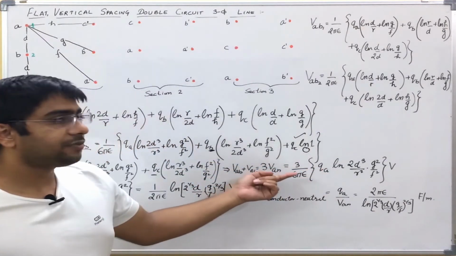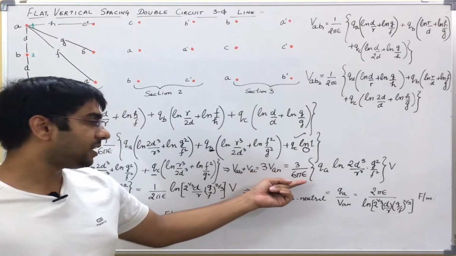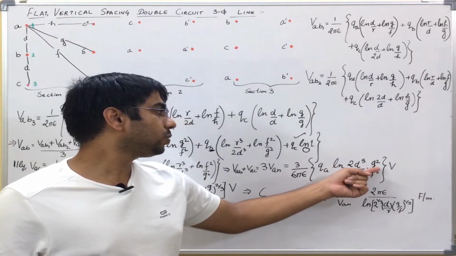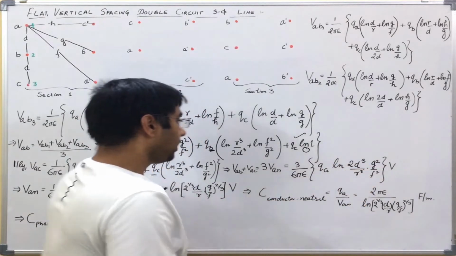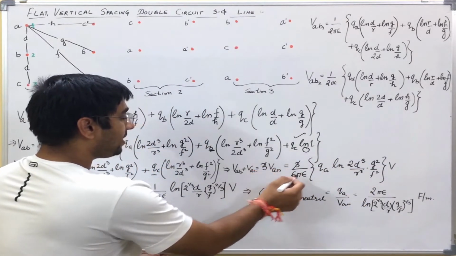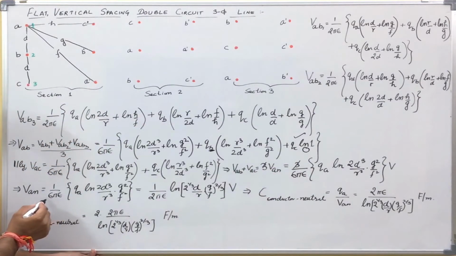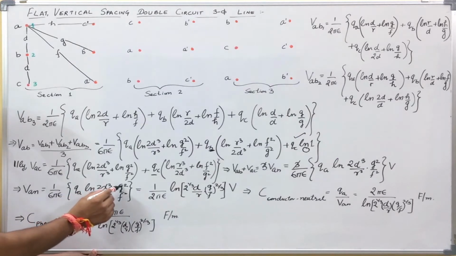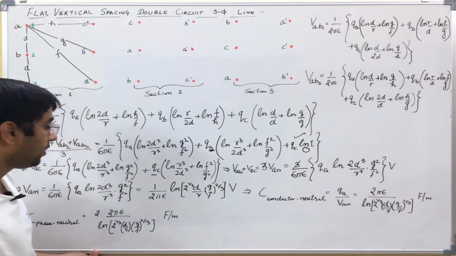On solving, this will come out to be 3 by 6 pi epsilon QA natural log 2 d cube by r cube into G square by F square. Now this 3 will cancel out, so 1 by 6 pi epsilon will remain. So VAN is equal to 1 by 6 pi epsilon QA natural log 2 d cube by r cube into G by F whole square.